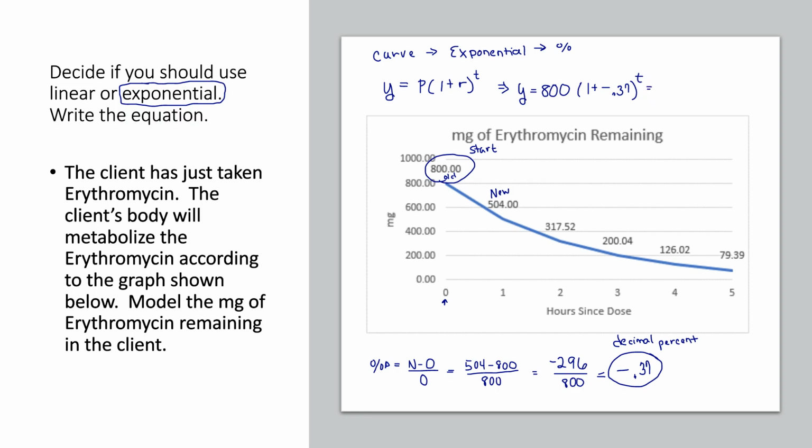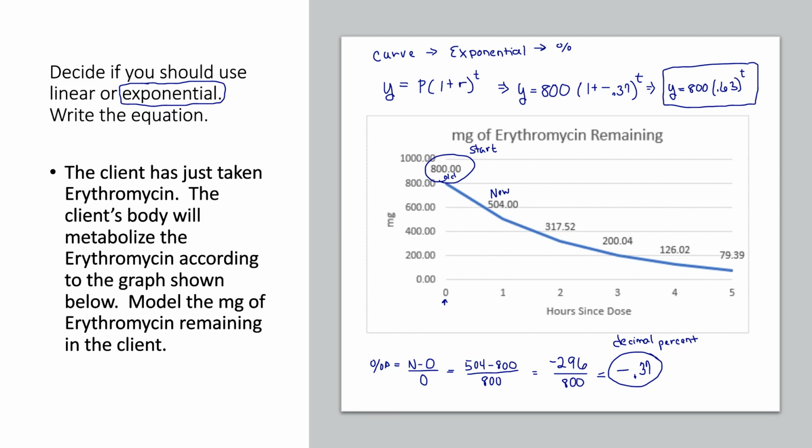So the one step that I want to do yet is actually do the math inside the parentheses there. And so that gives me a cleaned up formula that says y equals 800(0.63)^t. And that is the exponential model for this graph.